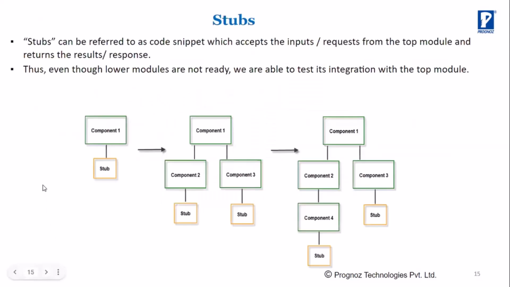What is a stub here? Stubs can be referred to as a code snippet which accepts the inputs or request from the top module and returns the result or response. Like temporarily, if someone is not there, what alternative arrangement can we do? You can divert, you can do this and perform this task.